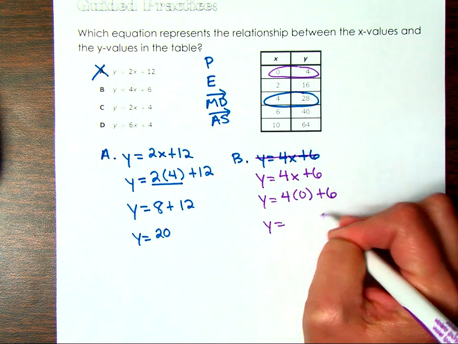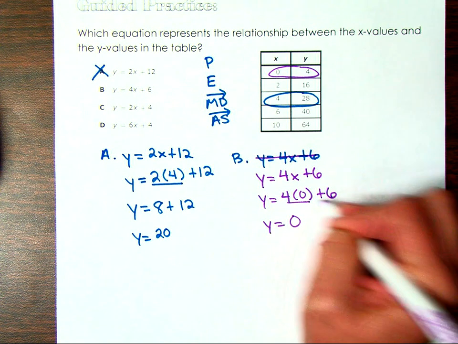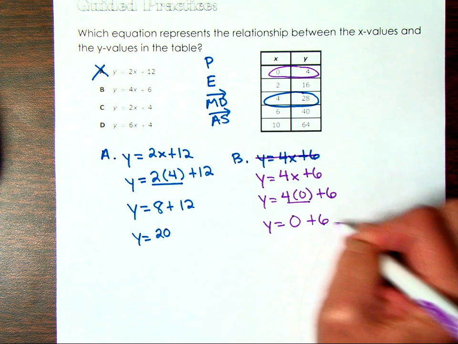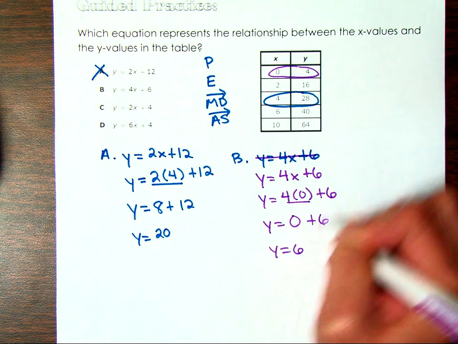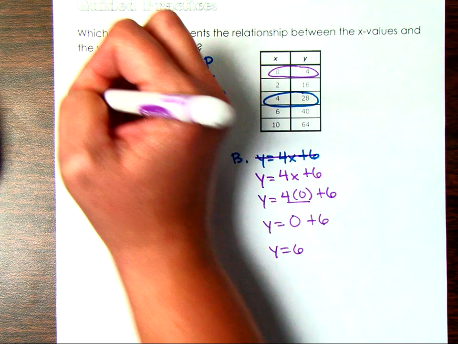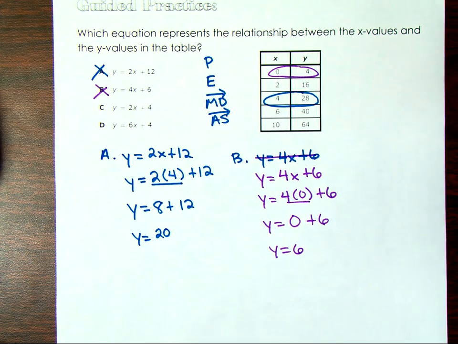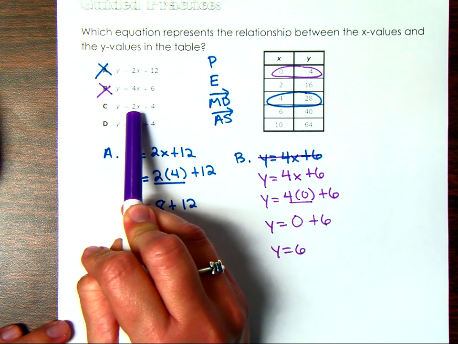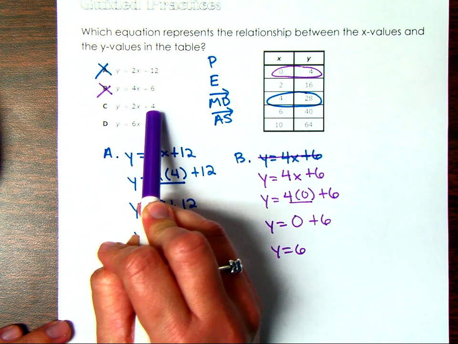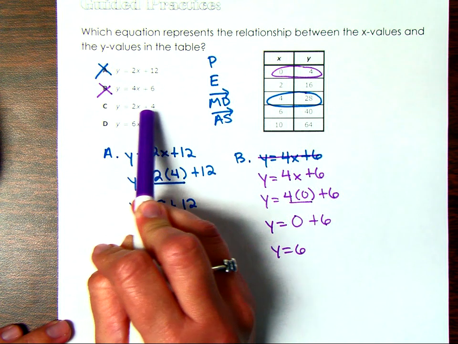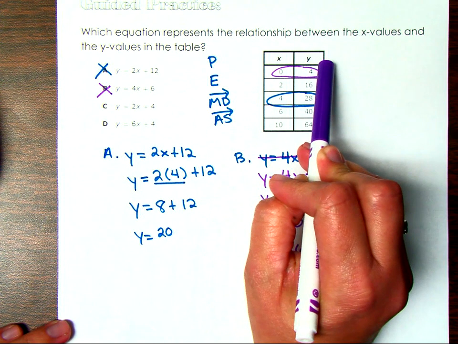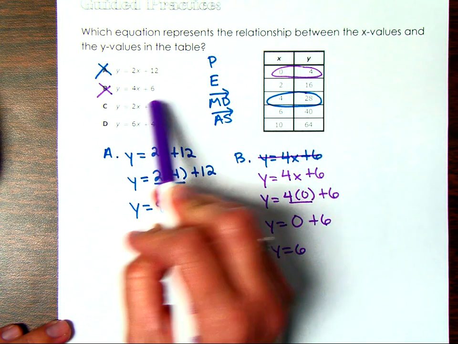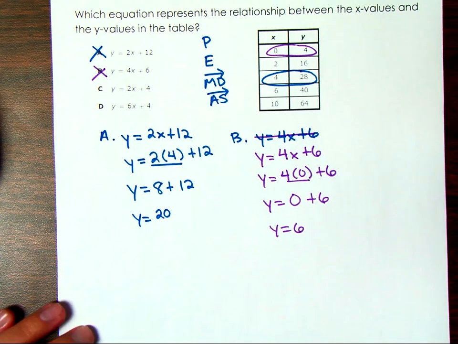Well, 4 times 0 is 0, multiply first, and 0 plus 6 is 6, and that's not what we have here. So that means this equation could not be it. Now, if you look at the next one, these actually kind of make sense because anything times 0 is 0, and 0 plus 4 is 4. So that's another way that we could have maybe looked at these two first. But that's okay that we didn't, just something to think about.